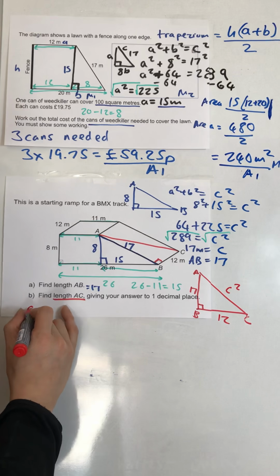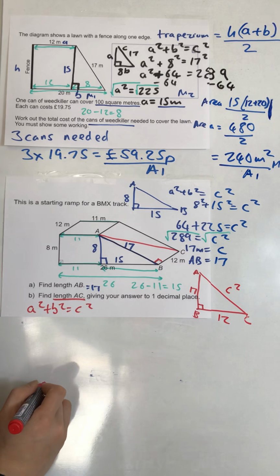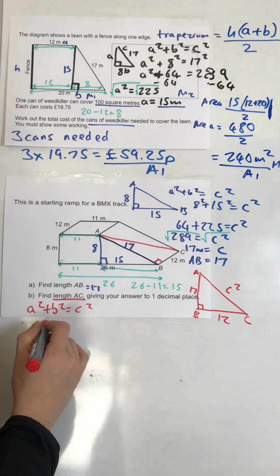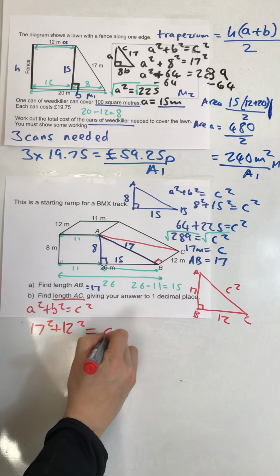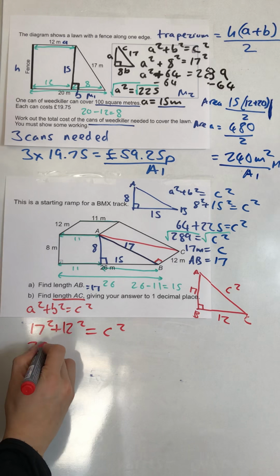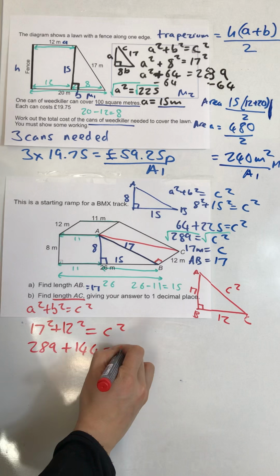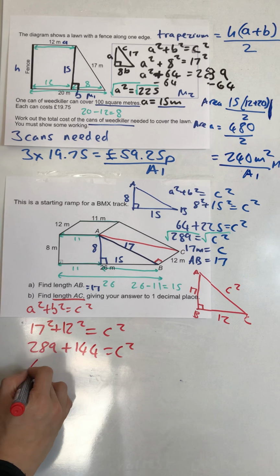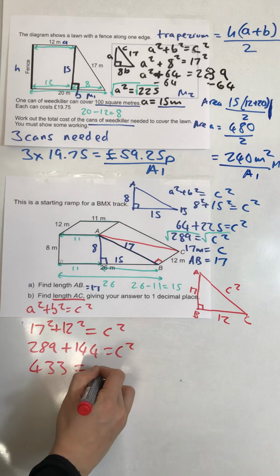So again, we're using A squared plus B squared equals C squared. So that's going to be 17 squared for the A plus 12 squared for the B equals C squared. 17 squared is 289 plus 144 equals C squared. 289 plus 144 is going to be 433 equals C squared.